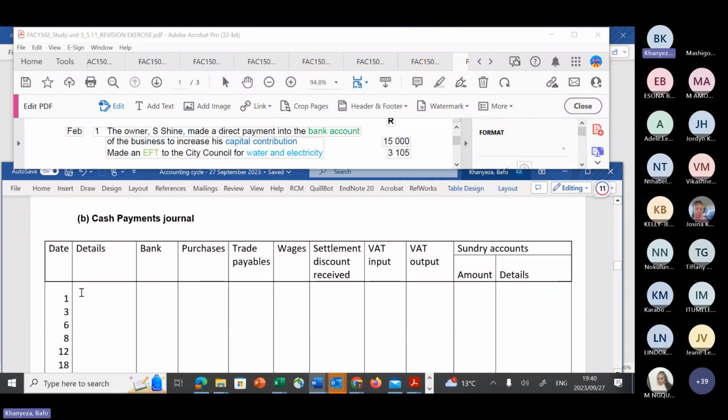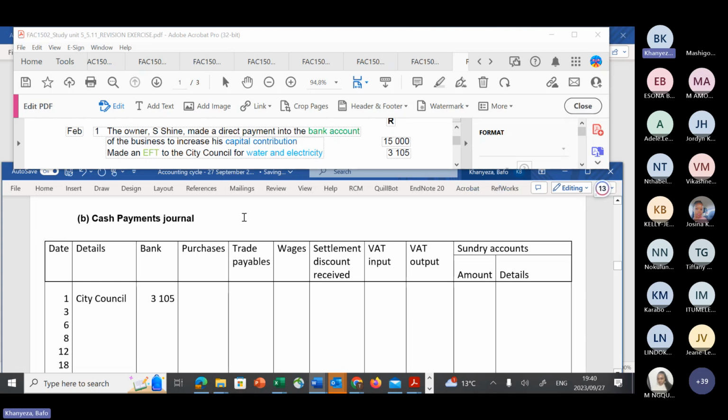That's 3,105. So what are the details? It's the city council. How much did they pay? It's 3,105. How much was the VAT amount there?